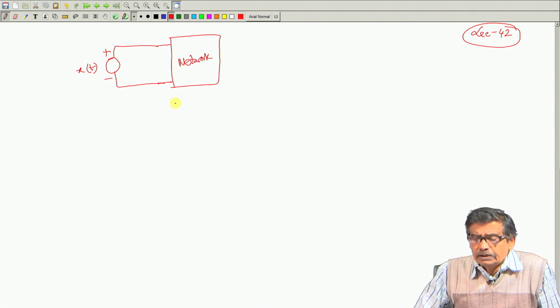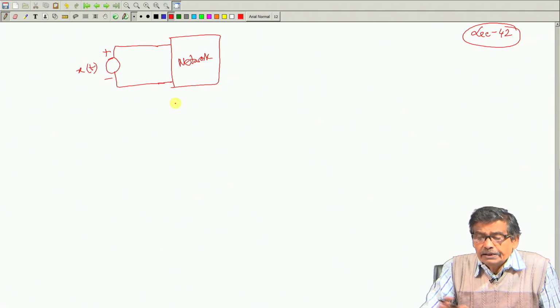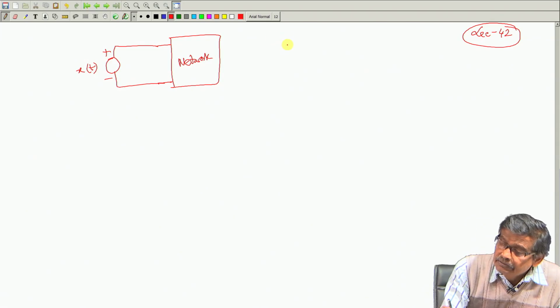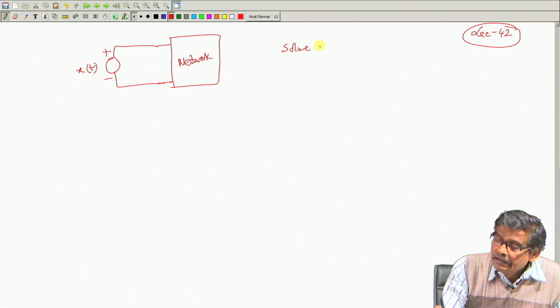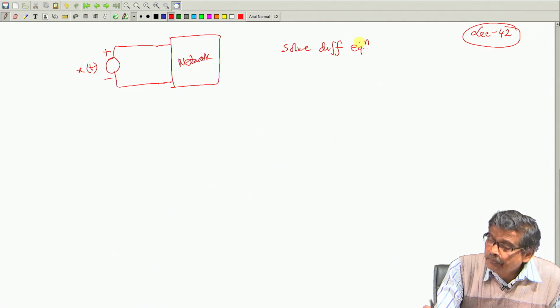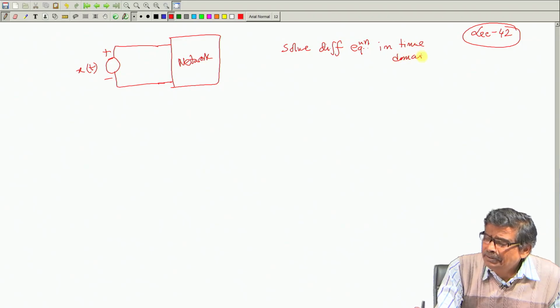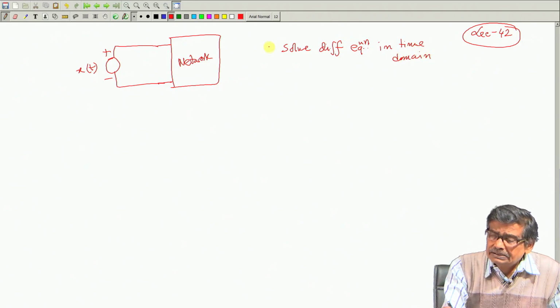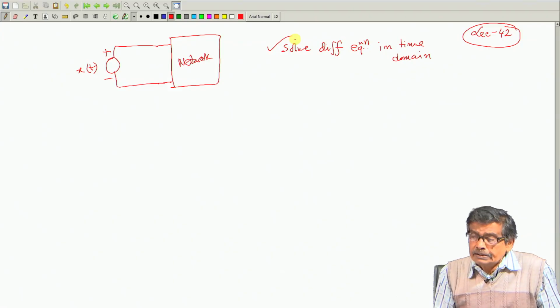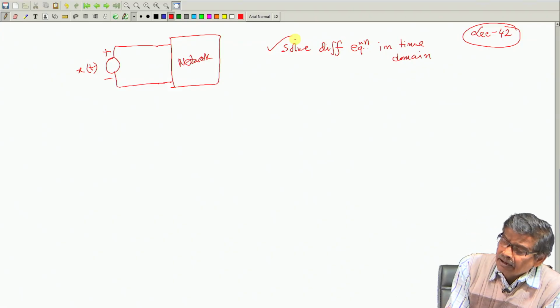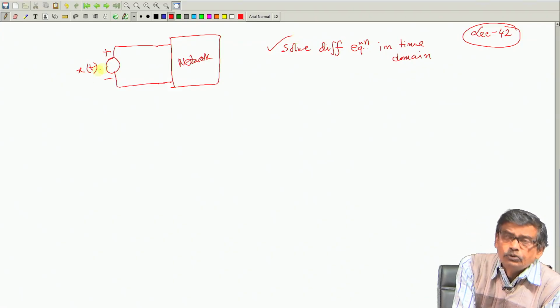The next phase was the classical way: solve the differential equation in the time domain. Everything is real. This is the thing we have covered. And then this x(t) could be anything.